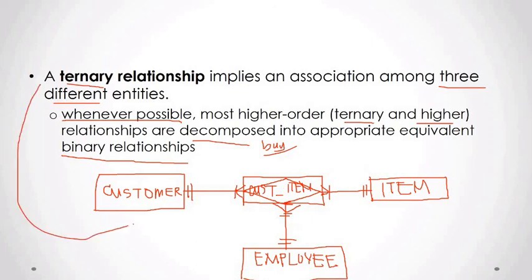So this is now what we call a ternary relationship, because there are now three. Okay, so this is also possible.